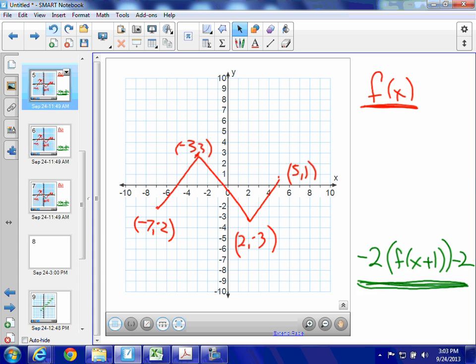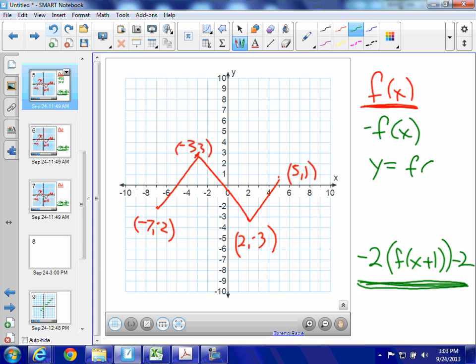Parent function is already there. And the first place I'm going to start is with the negative sign. So I'm going to do negative f of x. If y is equal to f of x, which we are pretty comfortable with, y is my f of x. If I want negative f of x, it means that my y value that I had is going to become negative.